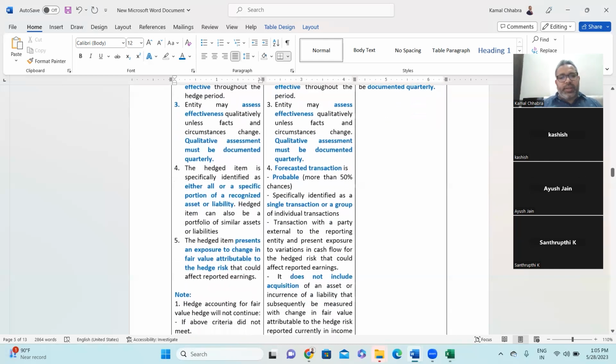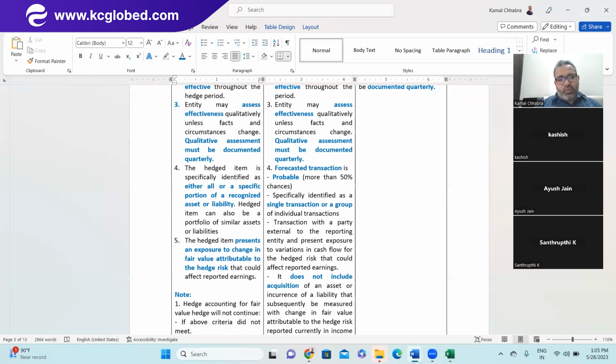Fourth point is the hedged item is specifically identified as either all or a specific portion of a recognized asset or liability. Hedged item can also be a portfolio of similar assets or liabilities. So it can be an individual item or a portfolio of items.